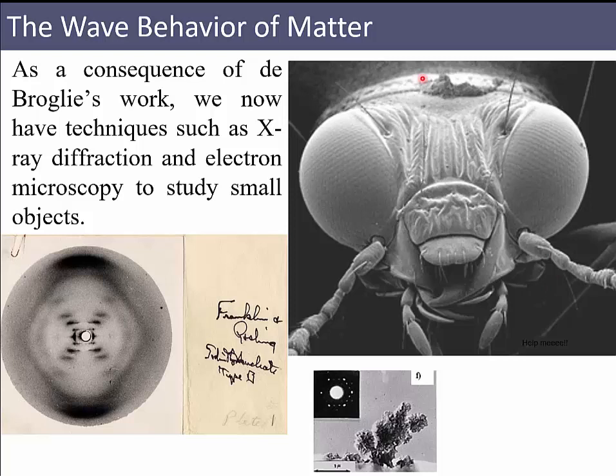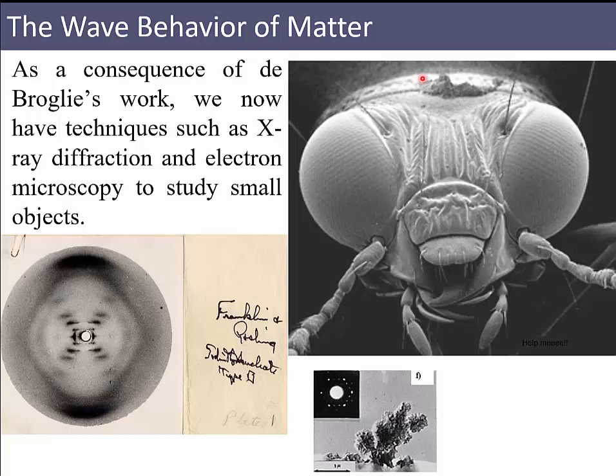There is something called the Abbe diffraction limit, which for an optical microscope means that you cannot get a resolution smaller than half the wavelength. So if you're looking at something with blue light, you could only resolve features that are 200 nanometers big.